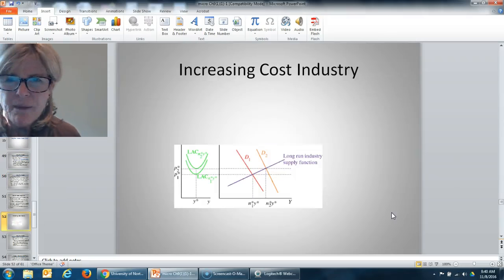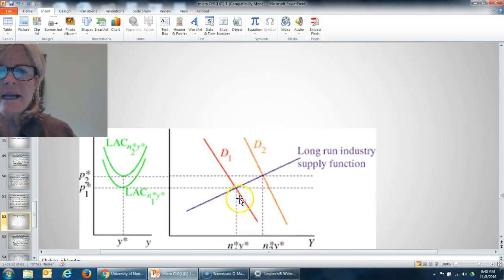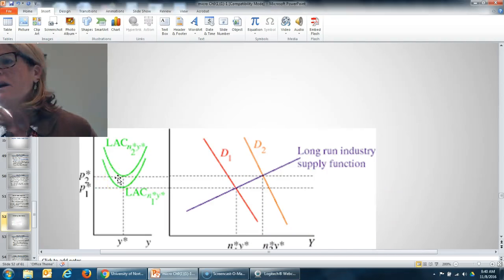What may happen though, let's see if we can look at this. What may happen is that as demand increases, your costs go up. So think of this. We had the housing bubble, remember that?